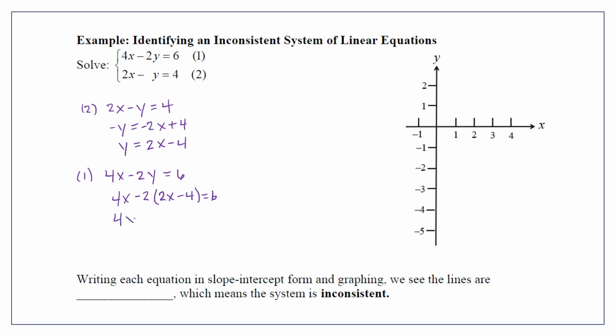So I have 4x minus 4x plus 8 equals 6. 4x minus 4x is 0, so 8 equals 6, which is not true. So that means there is no solution.